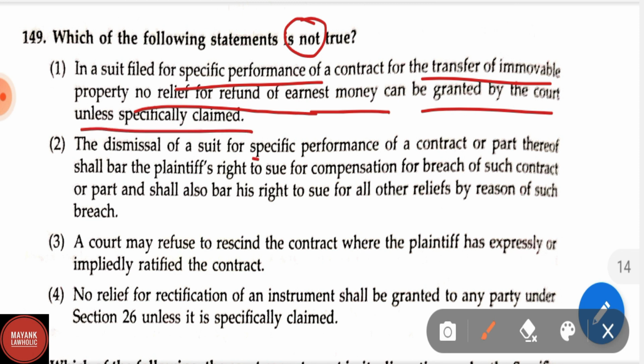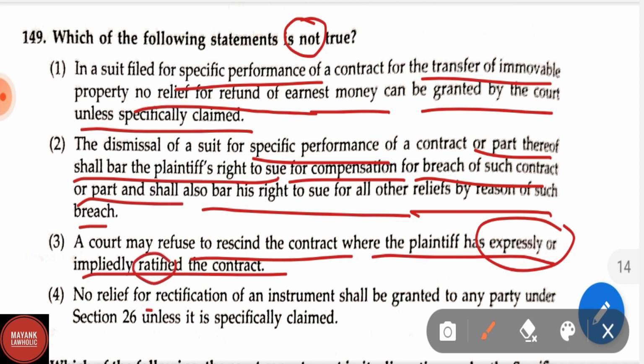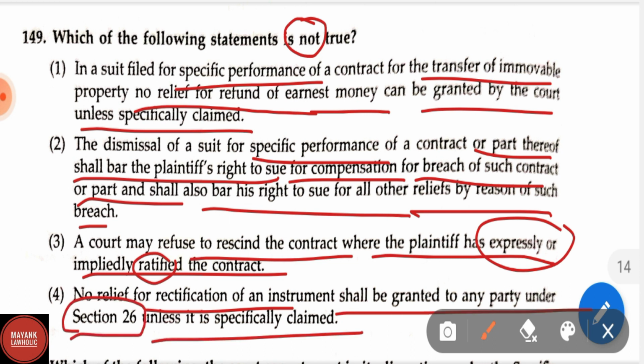Option 2, the dismissal of a suit for specific performance of a contract or a part thereof shall bar the plaintiff's right to sue for compensation for breach of such contract or part, and shall also bar his right to sue for all other reliefs by reason of such breach. Option 3, a court may refuse to rescind the contract where the plaintiff has expressly or impliedly ratified the contract. And option 4, no relief for rectification of an instrument shall be granted to any party under Section 26 unless it is specifically claimed.